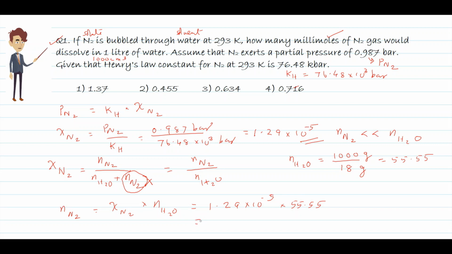On solving we get 7.16 into 10 raised to minus 4 moles. Here they are asking millimoles, so moles can be converted to millimoles by multiplying with 1000. So 7.16 into 10 raised to minus 4 into 1000 millimoles equals 0.716 millimole. So the correct option is 4.